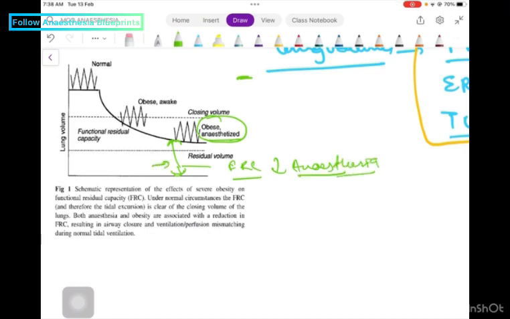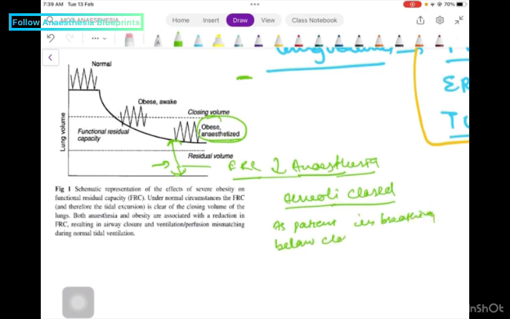So the patient is breathing below the closing volume, so the patient's alveoli close as the patient is breathing below closing volume. What is closing volume? This is closing volume. If the patient is breathing here, no collapse. Breathing here, partially collapsed.